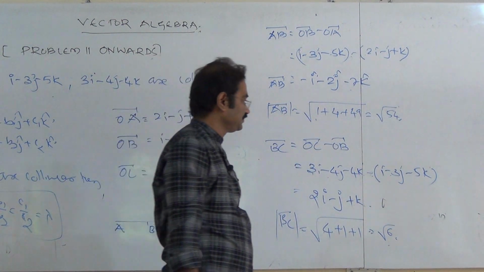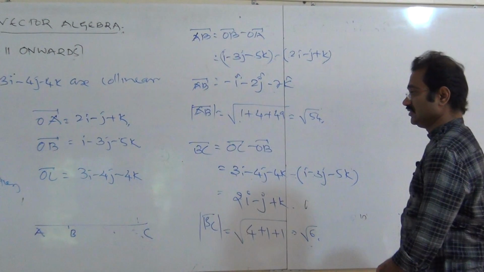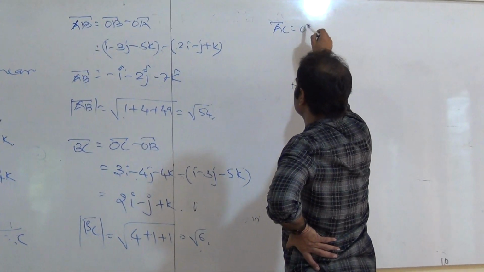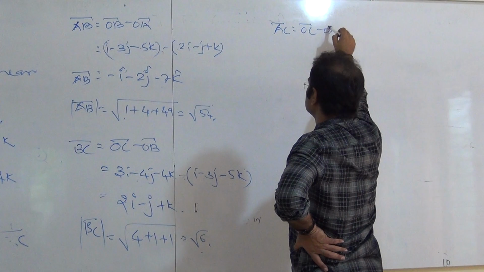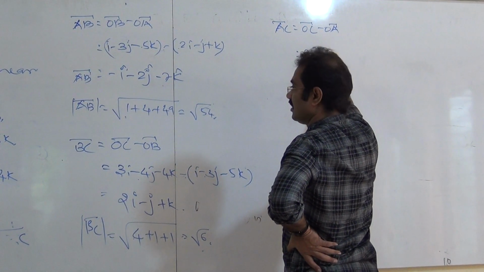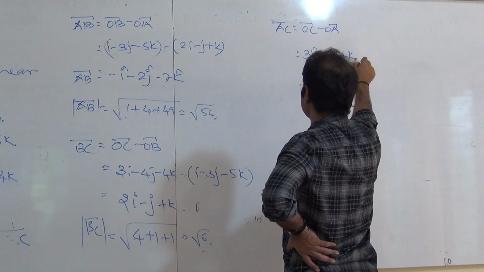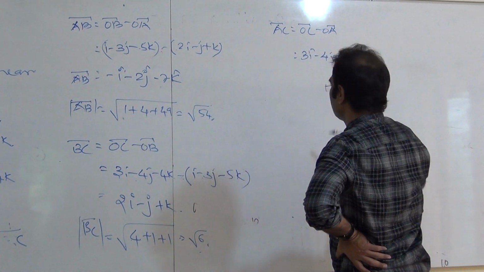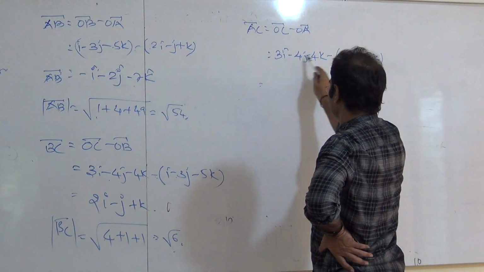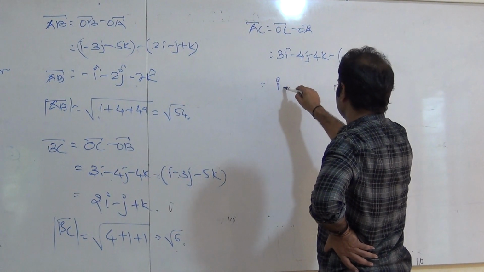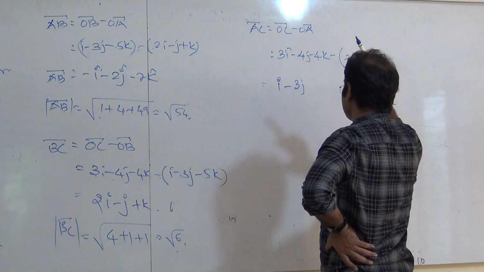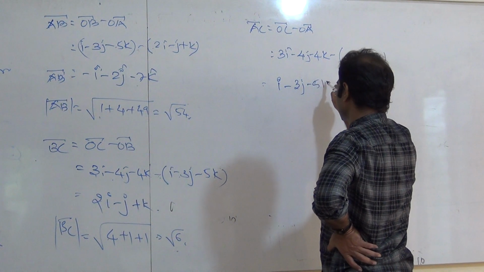Right? The last one, that is AC. What is AC? OC minus OA. What is OC? 3i minus 4j minus 4k minus OA, 2i minus j plus k. If you simplify, i minus 3j minus 5k.